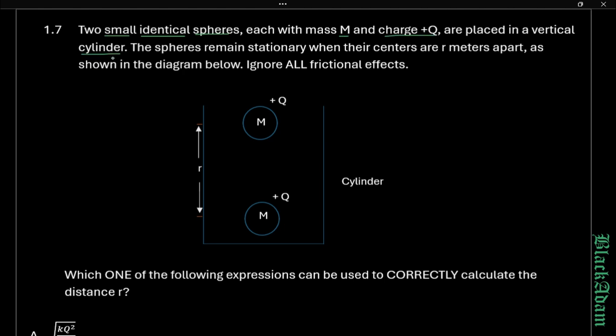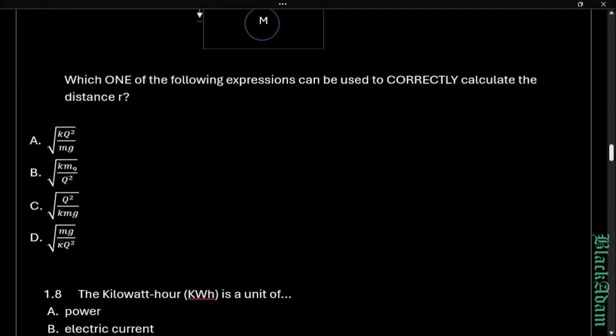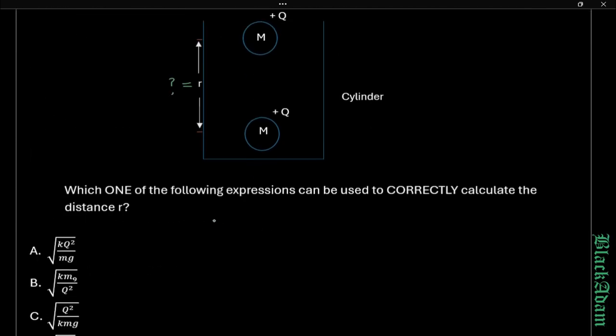Two small identical spheres, each with mass m and charge q. So we need to know the value of the distance. So the charges are the same. So we need to know the distance between them. So we know that we have our net force, actually electrostatic force.